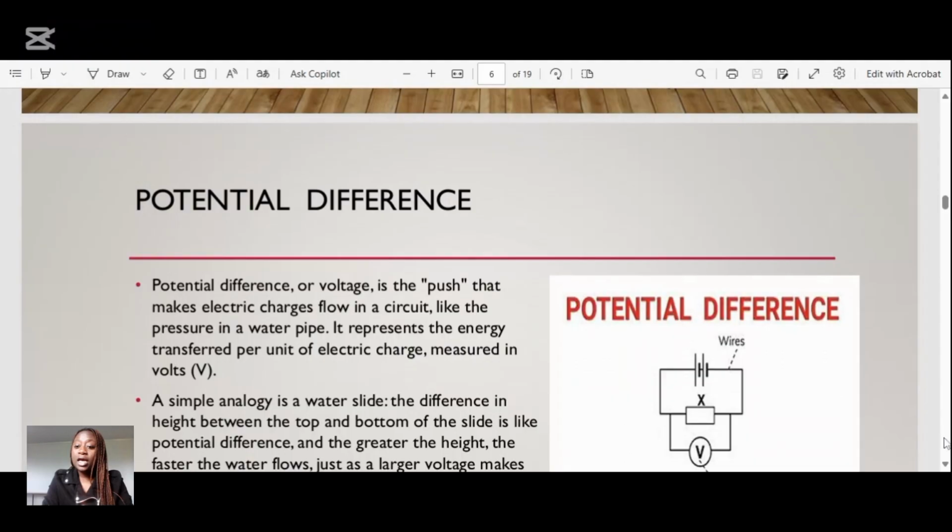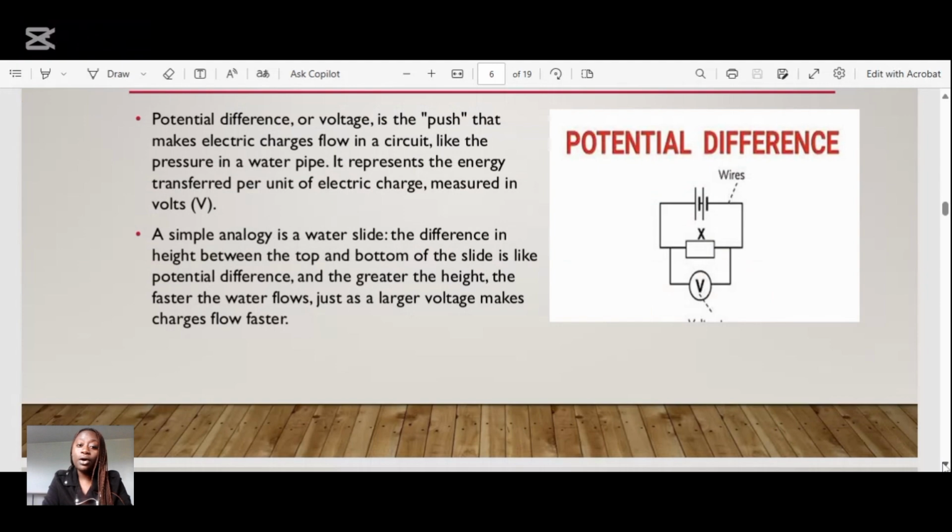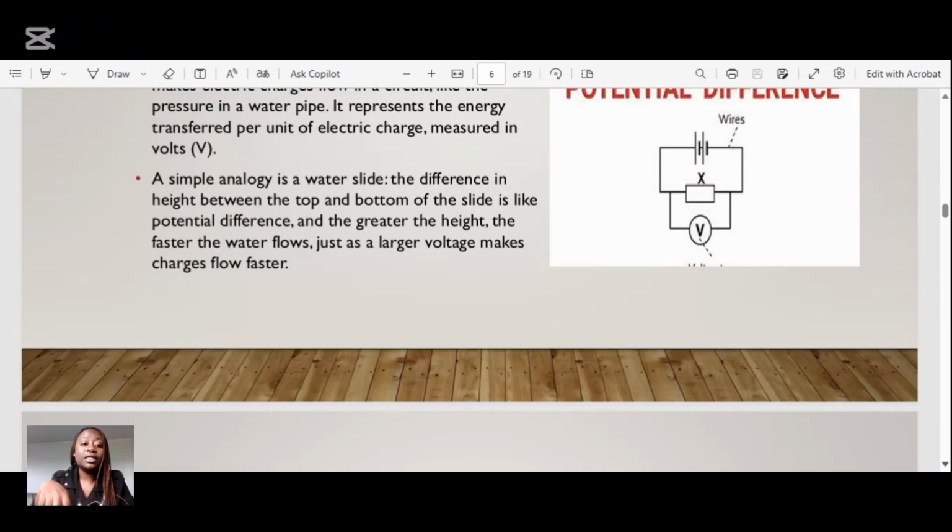In a simple analogy, it's like water on a slide. The difference in height between the top and bottom of a slide is like the potential difference. The greater the height, the faster the water flows. Just so, a large voltage makes the charge flow faster. Let's go back to the definition. The voltage is a force.